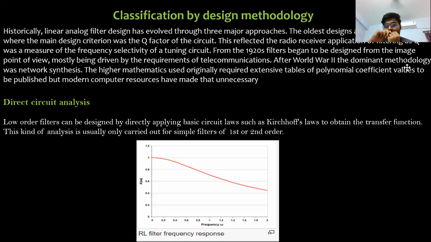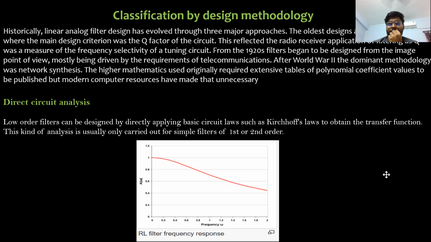Next slide. Classification of design methodology. Historically, linear analog filter design has evolved through three major approaches. The oldest designs are simple circuits where the main design criterion was the Q factor of the circuit.